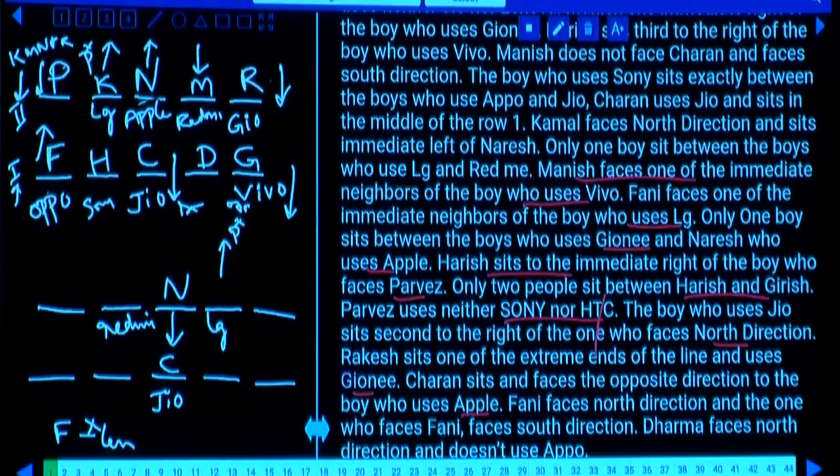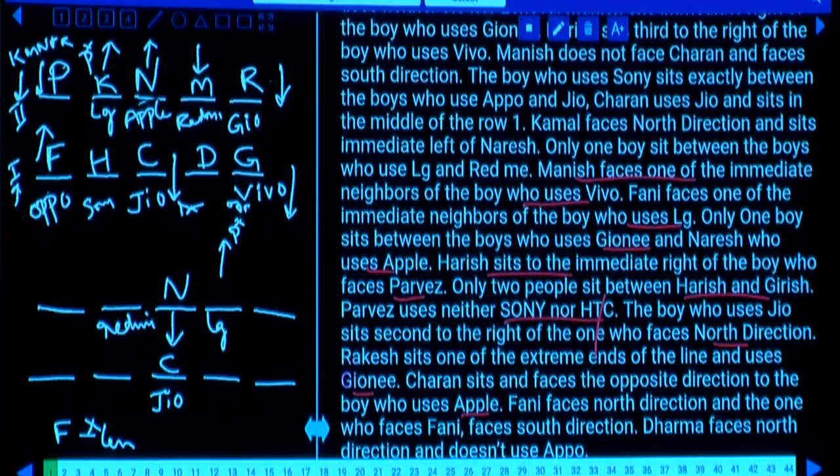What is that information? Parvez does not use LG, and Funny uses neither Geo nor Lenovo. Since Funny cannot use Lenovo, D must use the other.